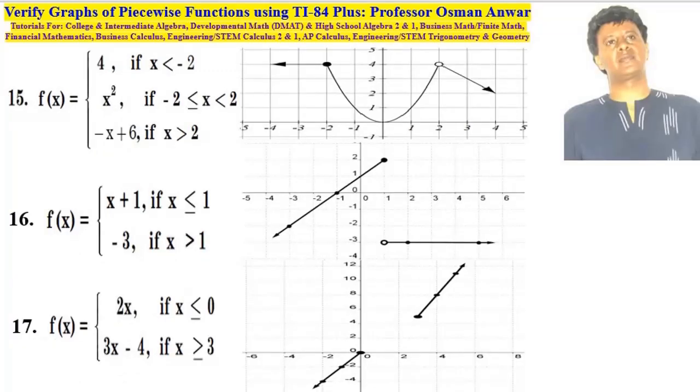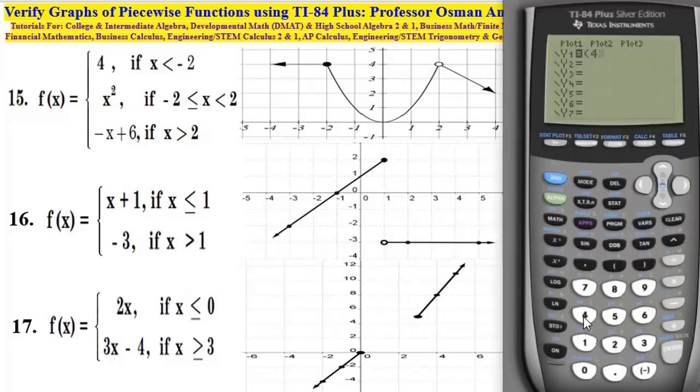Okay, and here is f of x equals 4 if x is less than minus 2, and it is x squared if x is between minus 2 and 2, and it is minus x plus 6 if x is greater than 2. It is 4, and this is valid when x is less than minus 2.